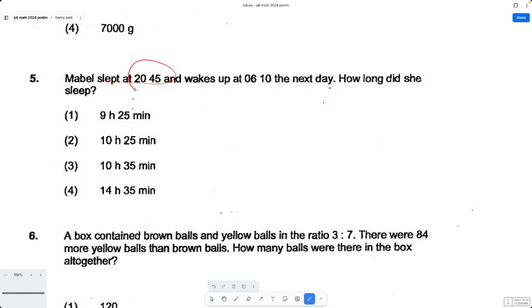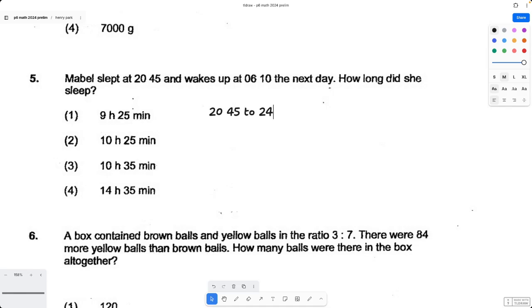Mabel slept at 20:45 and wakes up at 06:10 the next day. How long did she sleep? So from 20:45 to 2400, let's make it simple. 2100, actually, I just make this closer so it's easier. So 20:45 to 2100 will be equal to 15 minutes, and then 2100 to 2400 equal to 3 hours.